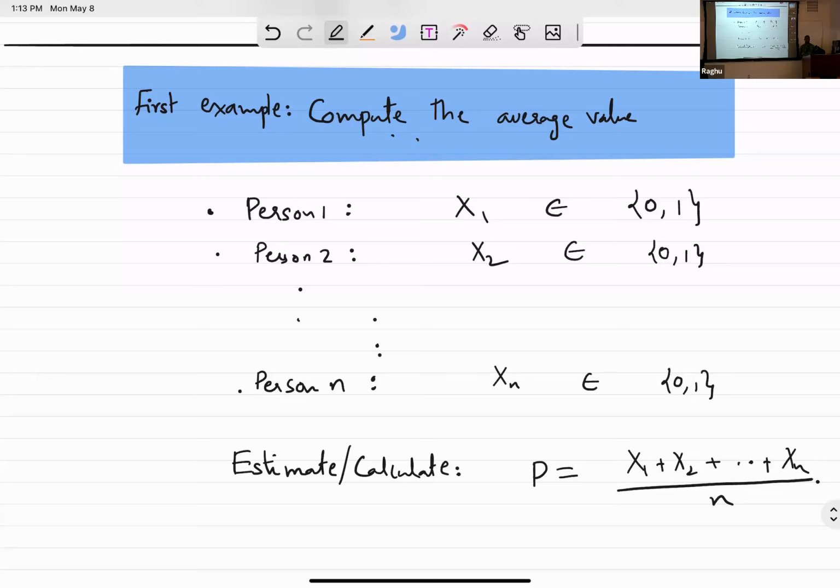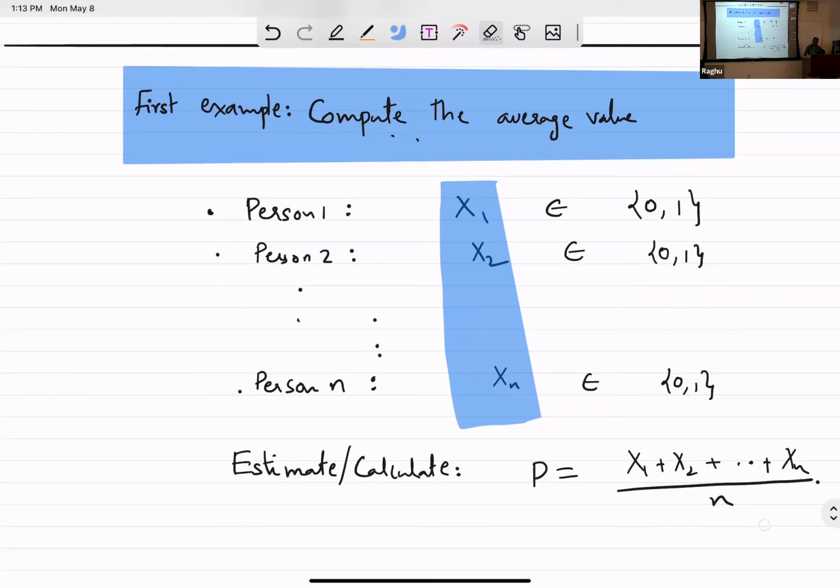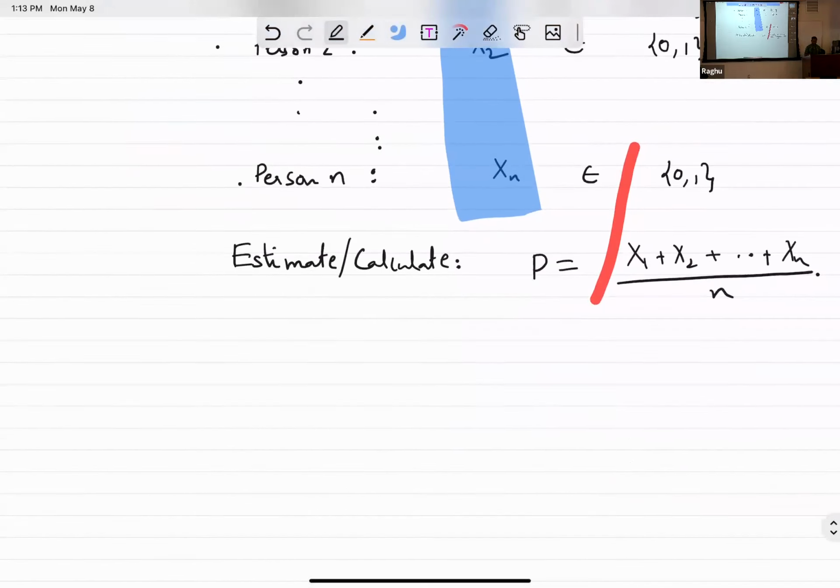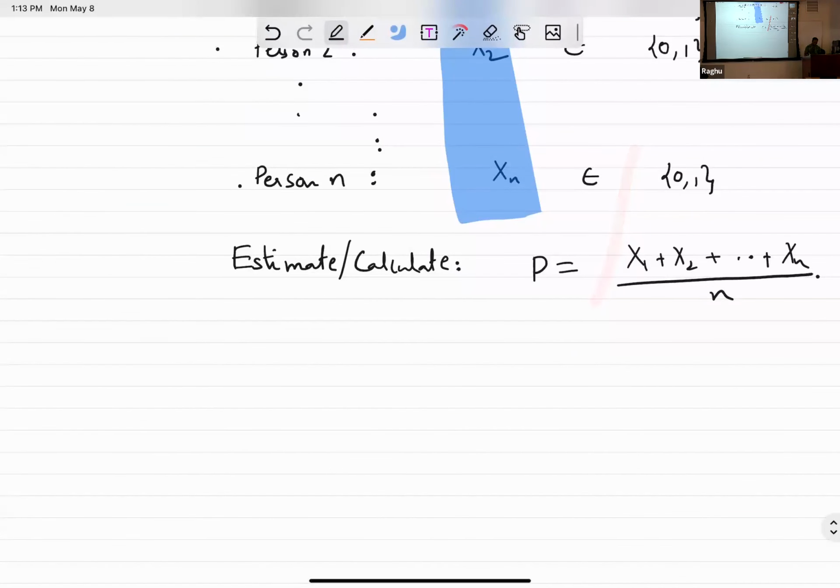That's what I want to do. And imagine you want to release this information somehow so that people can infer the average, but not learn too much about it. Again, since it's a toy example, we have to think accordingly.